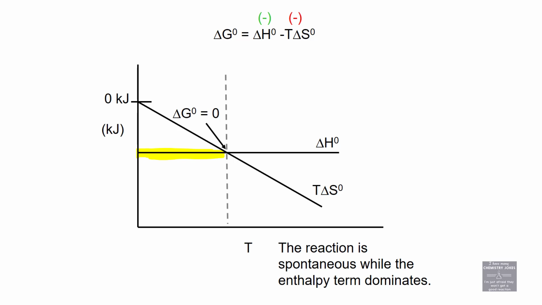When that H term is lowest, that's spontaneous because that term is dominant. And then past that point, T delta S starts to take over, causing your G to become positive. Prior to the temperature where G is 0, it's spontaneous. After the temperature where G is 0, it's non-spontaneous.